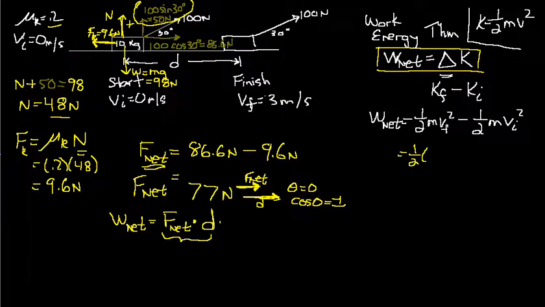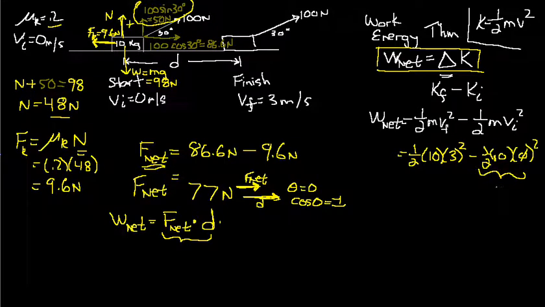We finish going at a velocity of 3 meters per second. So what's our final kinetic energy? Okay, our final kinetic energy is 1/2 the mass, which is 10 kilograms, times the final velocity, 3 meters per second, squared, minus 1/2 the 10 times the initial velocity, which we said was 0.